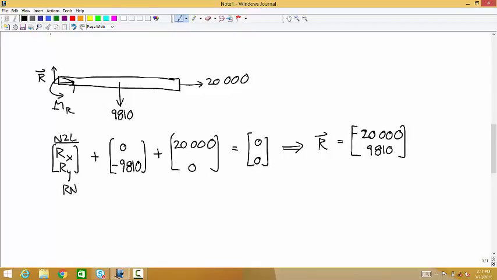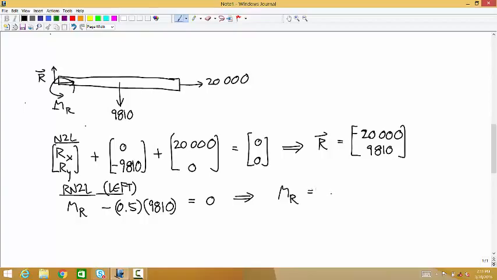And then the moment equation, I'll do it about the left. So we have MR. The moment arm of this 9810 is 0.5. Yep, and that's negative. And then there's no moment from the 20,000. So MR is equal to positive 4905.